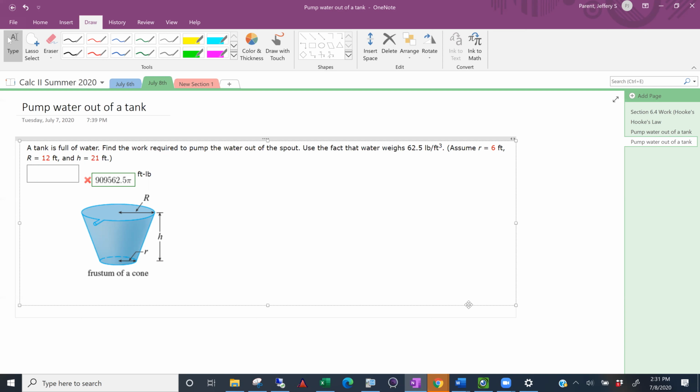And this is in units of meters. No, this is still in units of feet. All right, never mind. Meters, no, feet. And a height of 21.